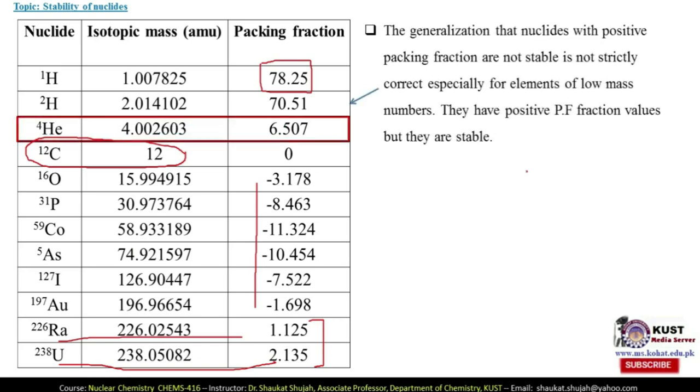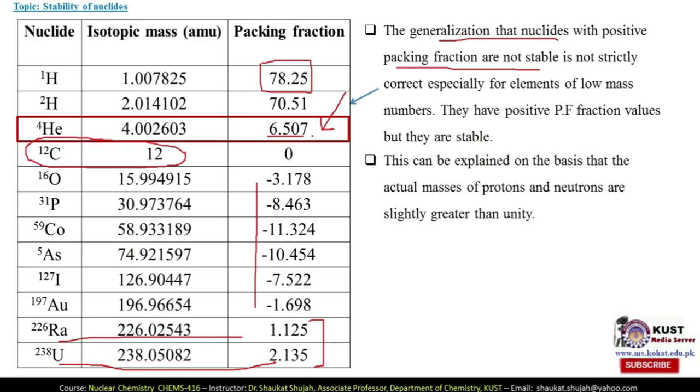However, the generalization that nuclides with positive packing fraction values are not stable is not strictly correct for lighter nuclides. For example, helium has a positive packing fraction value, but still the helium nucleus is stable.